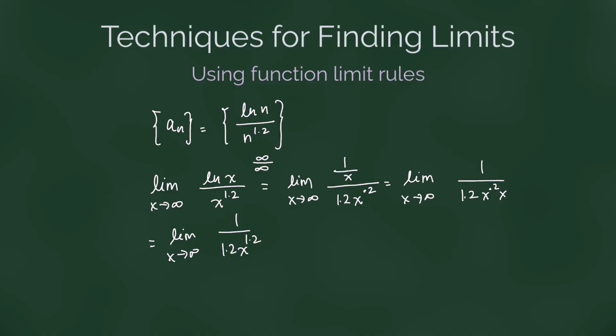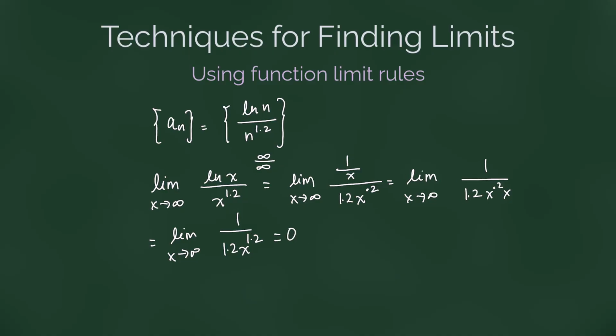Our denominator is getting infinitely large, which means that we now know that the limit as x approaches infinity of this function is equal to 0. And because the limit is 0, we then know that the limit as n goes to infinity of our sequence a sub n is also equal to 0, which means that it converges.